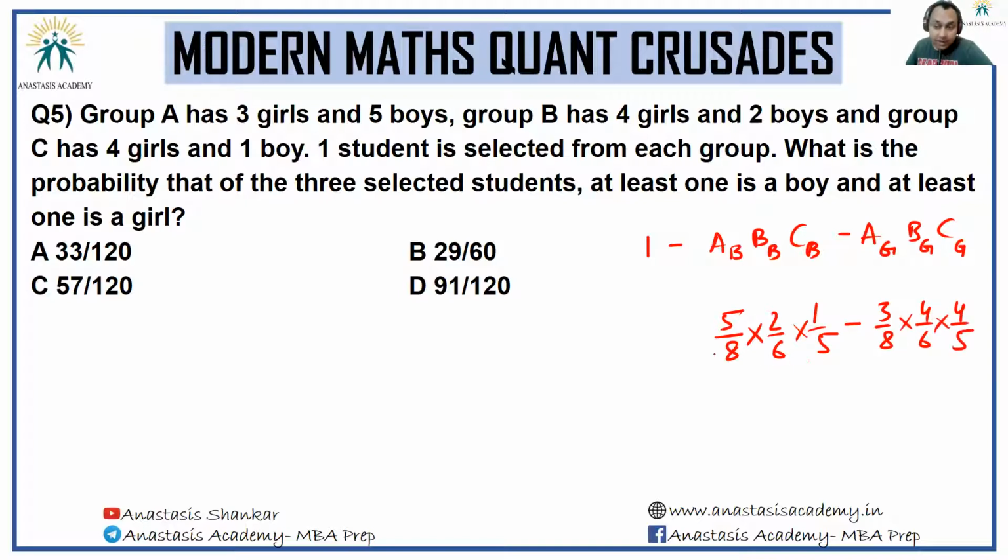At this time, I would recommend don't cancel out stuff because 8, 6, 5 is common. So you get 240 at the bottom. You've got 10 and you've got 3 into 4 into 4. So 58. So from 1 minus 58 by this, now cancel it, no problem. You get 29 by 120, you're left with 91 by 120. This would be much faster to arrive at D.